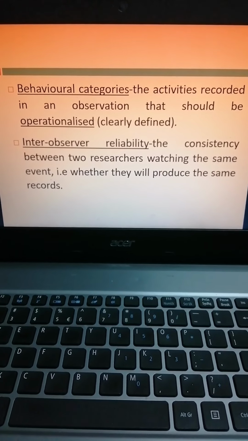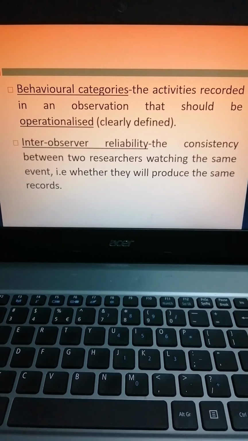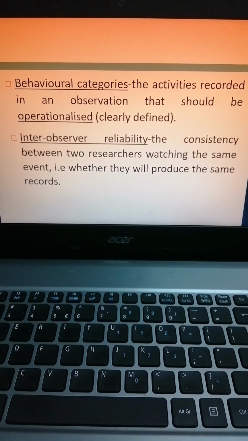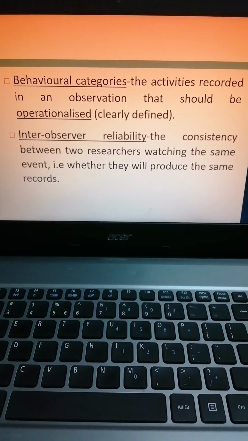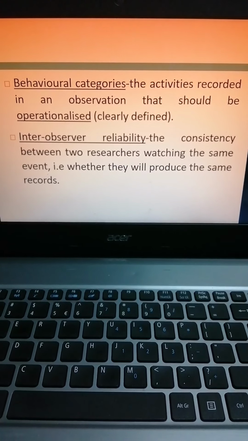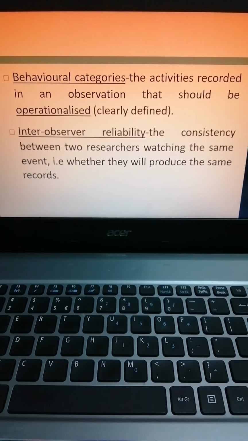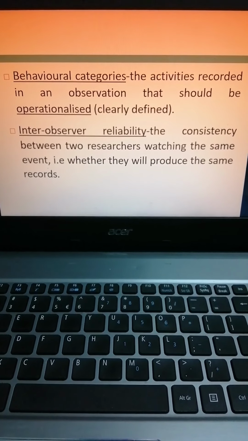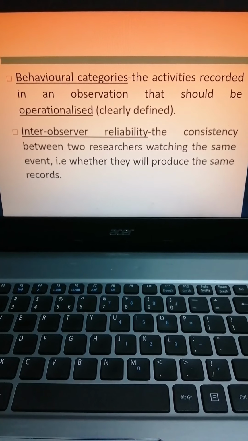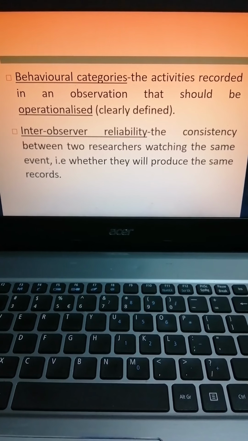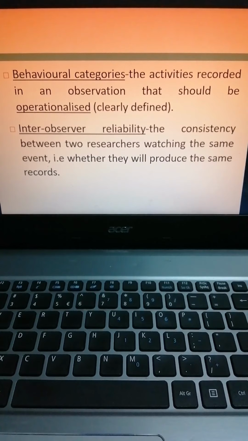Yeah, and the other one is inter-observer reliability. This is very important as the researchers have to come up with the same record of behavior to make the study highly reliable. Remember, reliability is related to how consistent a study's findings or results are.